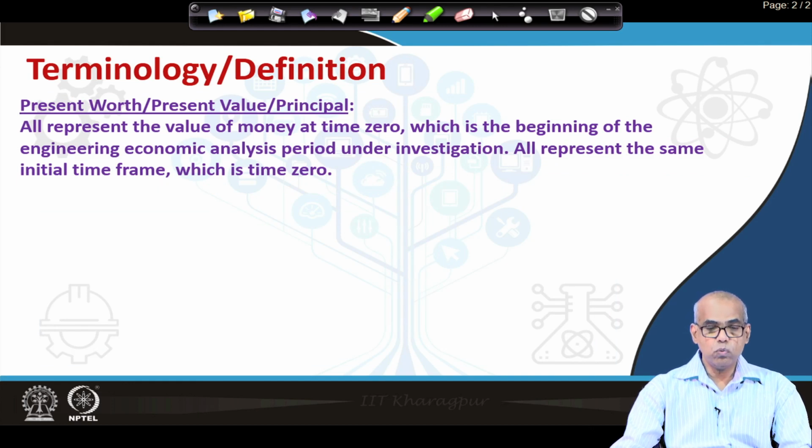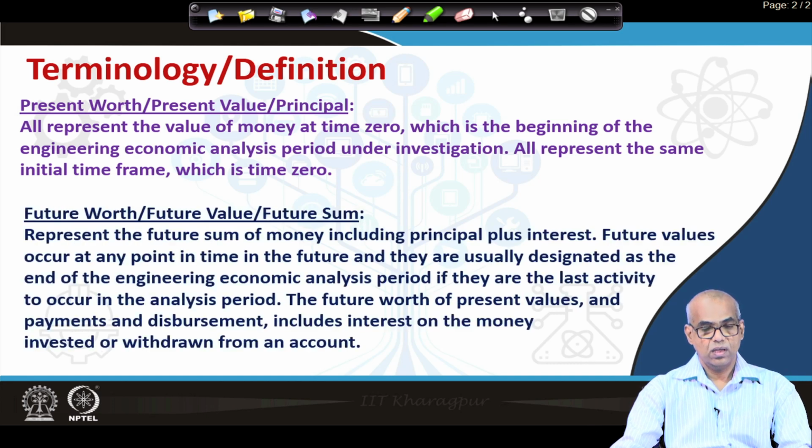Present worth, present value, principal all represent the value of money at time 0, which is the beginning of the engineering economic analysis period under investigation. All represent the same initial time frame, which is time 0. Future worth, future value, future sum represent the future sum of money including principal plus interest.